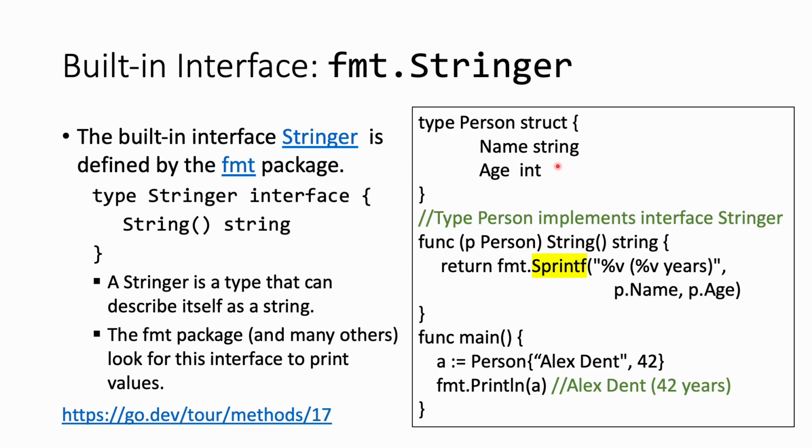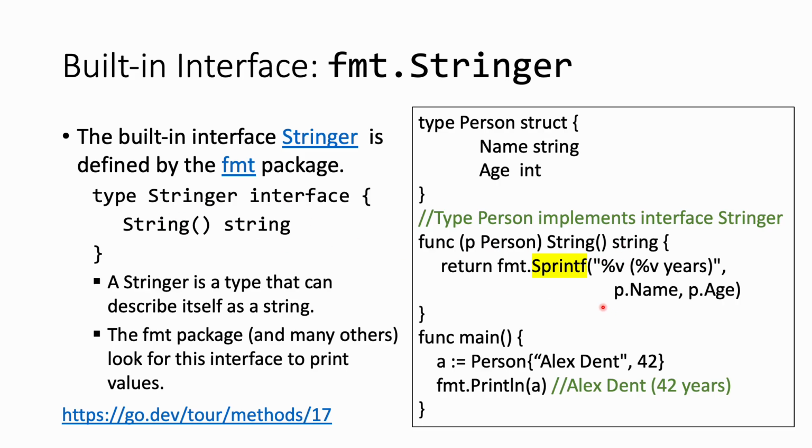As an example, let's define a struct type named Person. This struct has two fields, Name of type string and Age of type int. Then we define a method with the same signature as the one in the Stringer interface, but with the receiver of type Person. This means type Person implements interface Stringer.